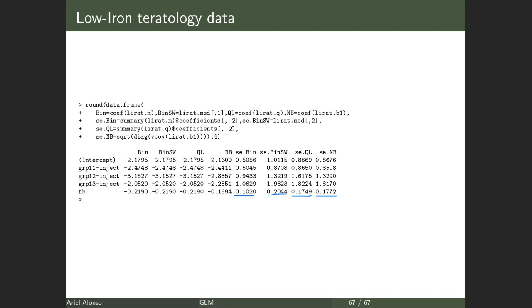They are kind of similar, not completely, but they are clearly larger than the ones you get with the binomial model, which is, by the way, a misspecified model. So the standard errors from the sandwich, quasi likelihood and negative binomial tend to be wider. They tend to take more uncertainty into account. Whereas the binomial model gives you these very narrow standard errors, but it's essentially a result of the misspecification of the model.